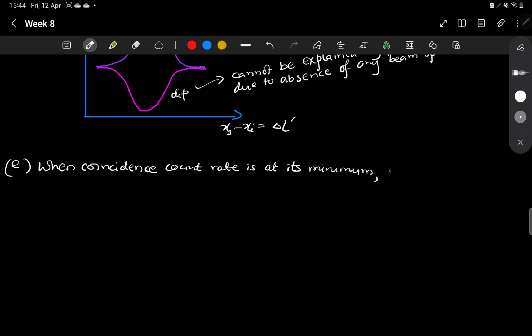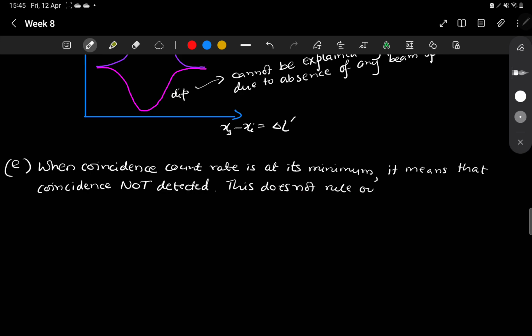So when the coincidence count rate is at its minimum, it means that coincidence is not detected. So this does not rule out the possibility of both the photons going to one detector.